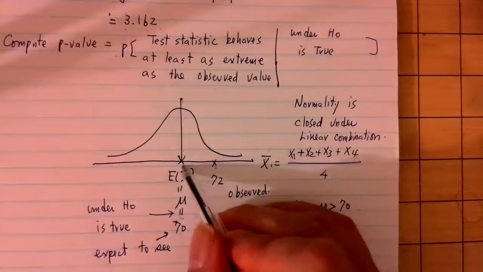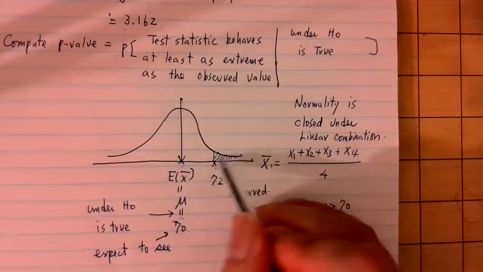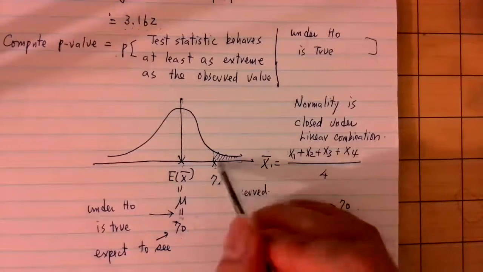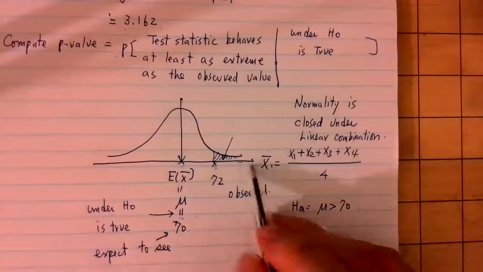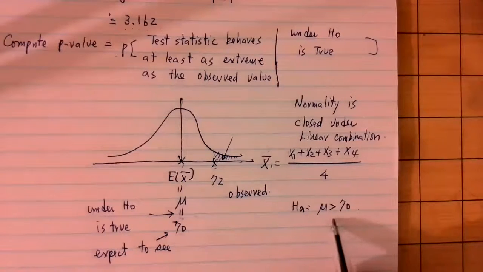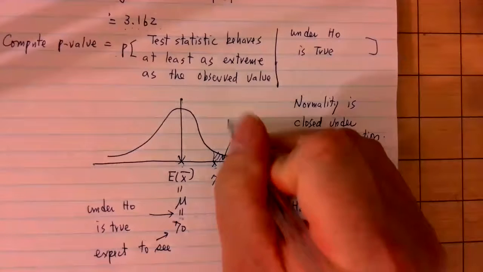If it is not close to what we expect and further deviates from the expectation, that's called extreme. Why is this area extreme? Because this kind of data supports HA and doesn't support H naught. So the size of the tail area is our p-value.